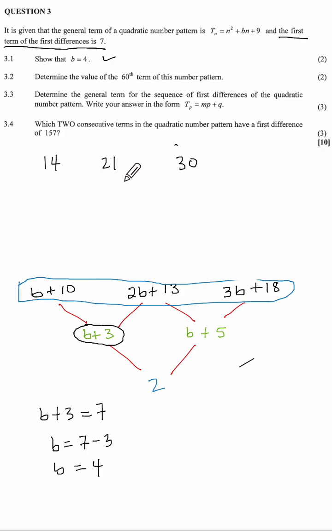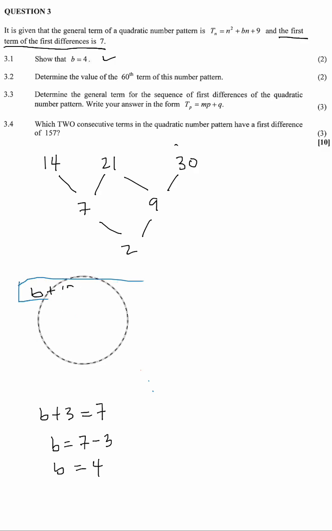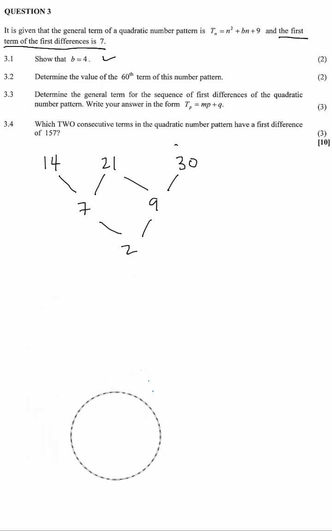So this is my quadratic number pattern. And then 21 minus 14, that's 7. And then 30 minus 21, that's 9. And the second difference is 2. So, okay, now let's just park that there for now.